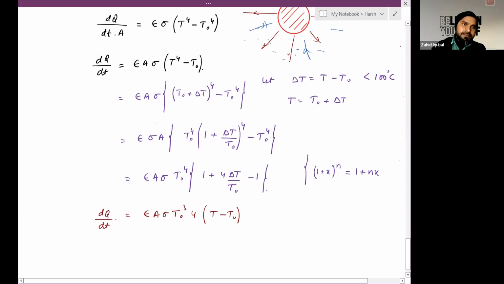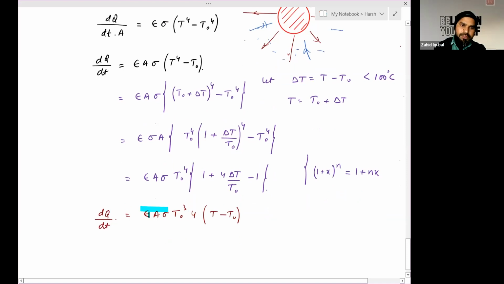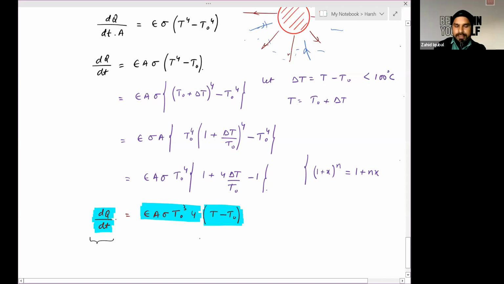Now in this part, we have this entire thing constant, and we're left with this part and this part. This is nothing but the rate of heat lost by the body when it is placed in cold surrounding.